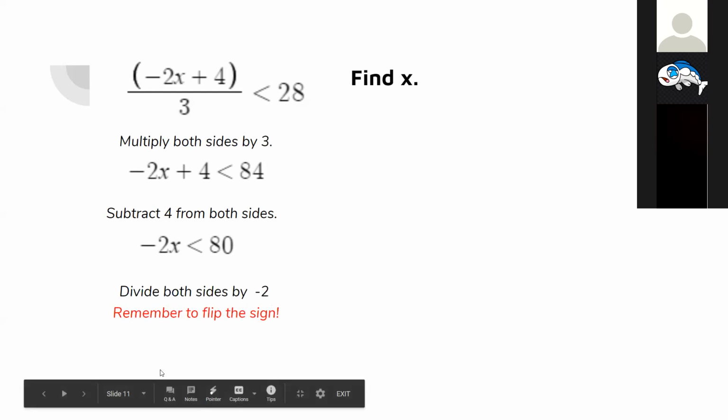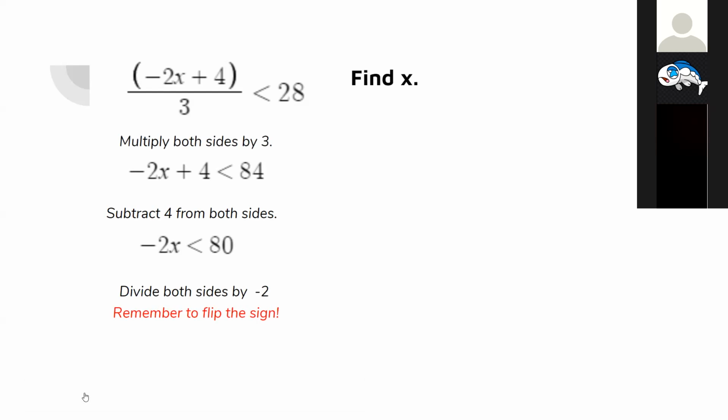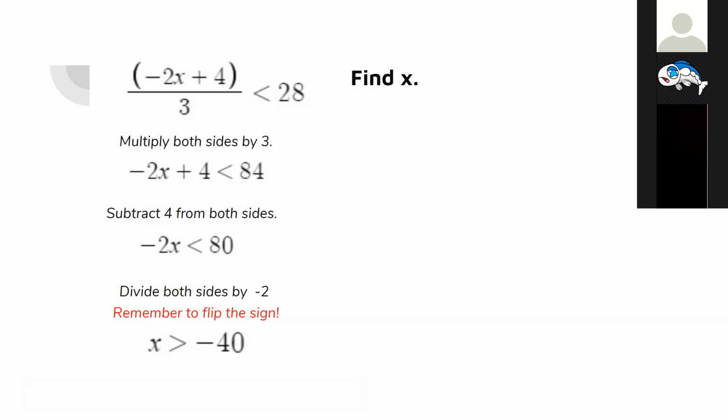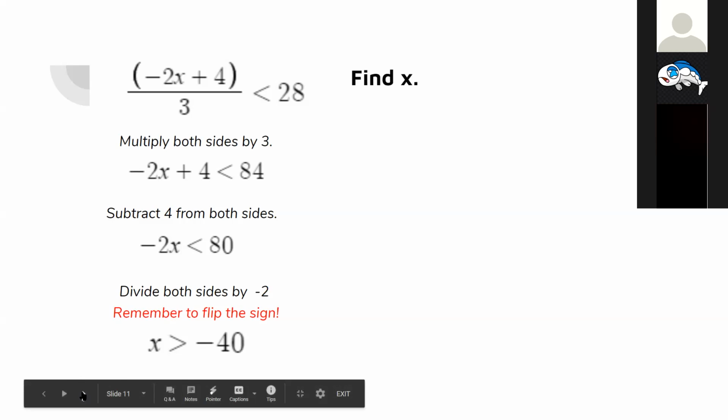Then divide both sides by -2, and we get x is greater than -40. So basically you just solve a normal equation, but you remember to switch the sign whenever you divide by a negative. Does anyone have any questions about that?